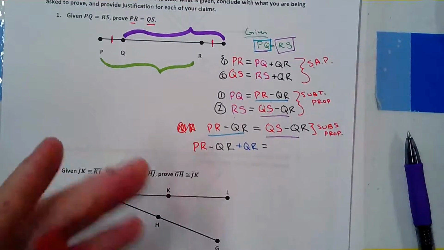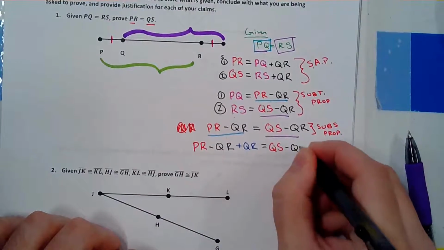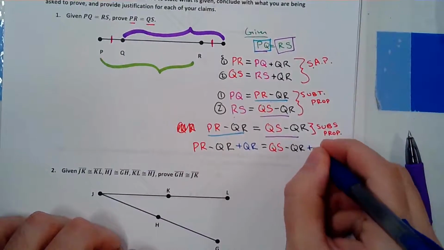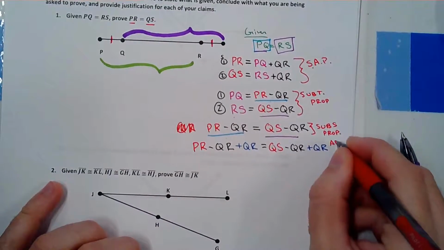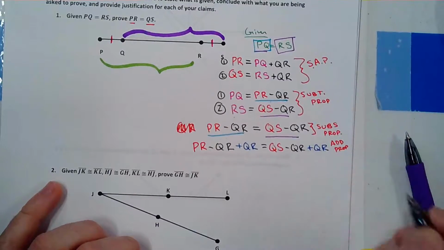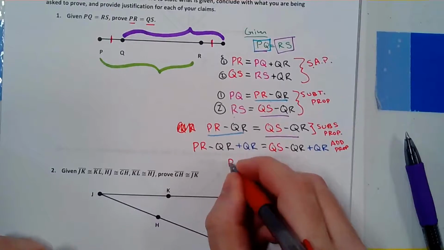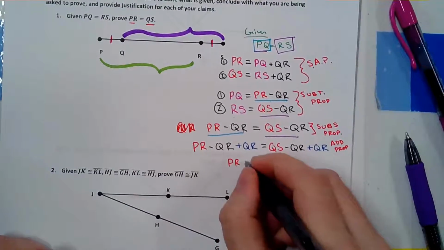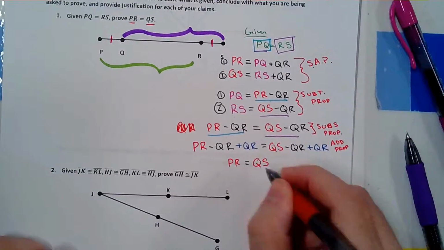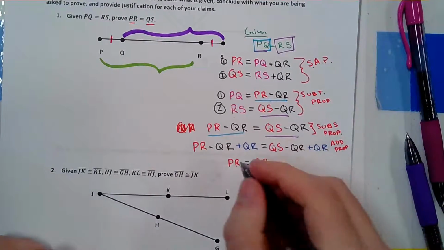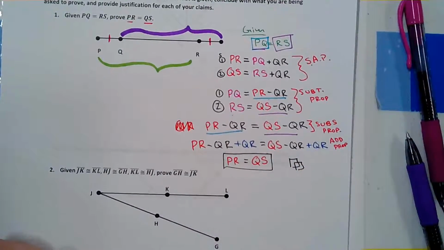And what happens is that the minus QR that's already there is going to cancel with the QR I moved over, right? I did that by addition, right? Add prop. And so what I get left over is just this goes away, and I get PR equals, this goes away, QS. Swag box. We're done.